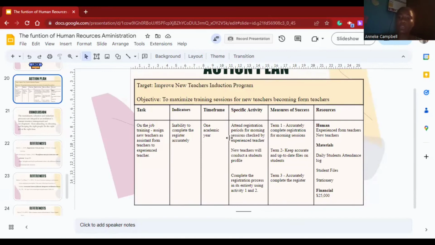What are some resources that we will need? We will need human resources, such as an experienced teacher to be paired with the new teacher. So, of course, the new teacher is also listed. We will need materials such as daily logs for attendance, the temporary register, students' file.